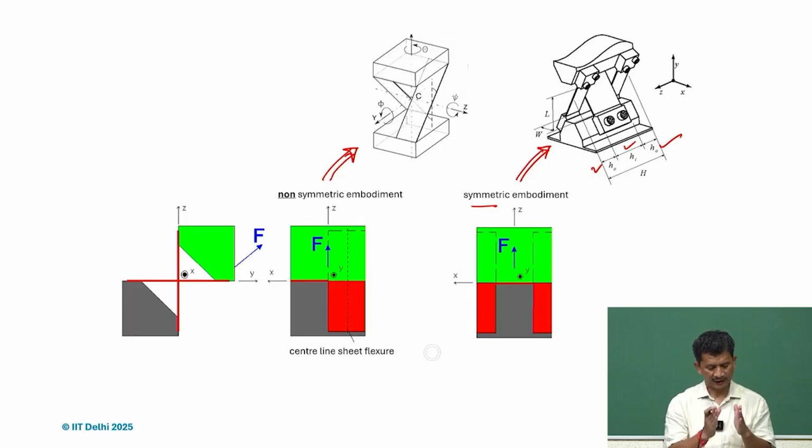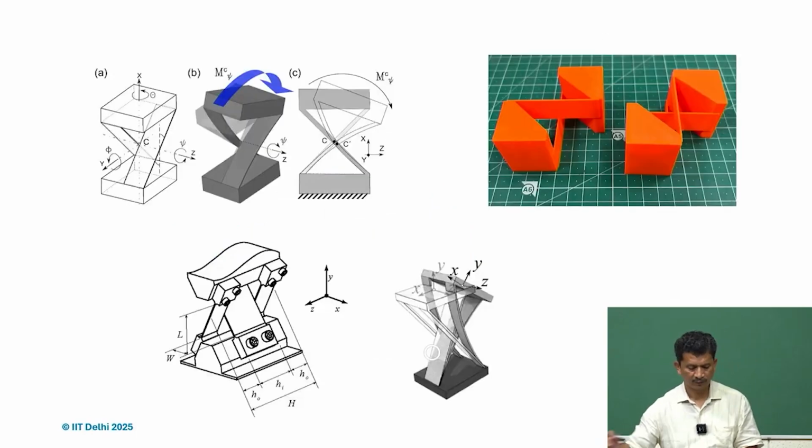As such, we don't see much difference; the rotational stiffness and everything will be the same. But when it comes to bearing load capacity and stiffness, we may realize that the symmetric embodiment is way stiffer. It's not very intuitive, but maybe we can try to learn that.